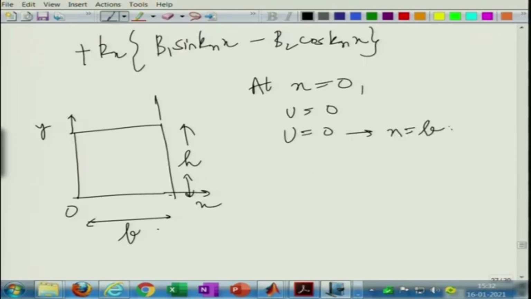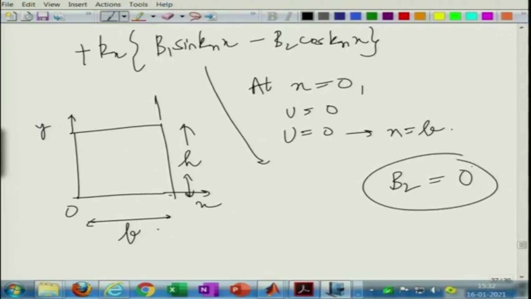Okay. So, under such conditions, once we put this kind of a thing, we will get b1 into 0 minus b2 is equal to 0, is not it? That would mean that this term of course is not there, and b2 is 0, and other condition that follows. So, b2 is not there.